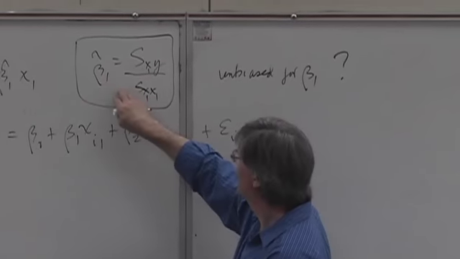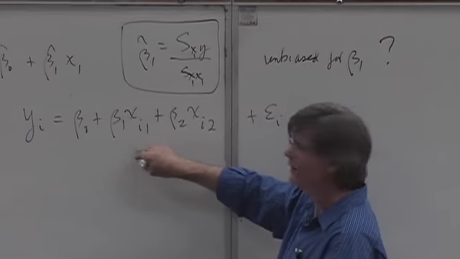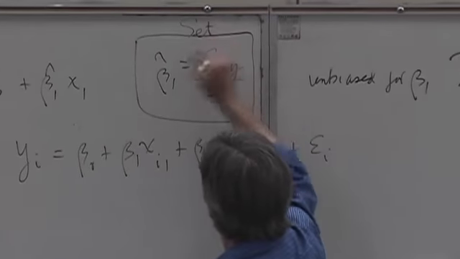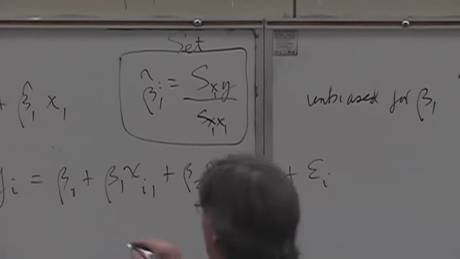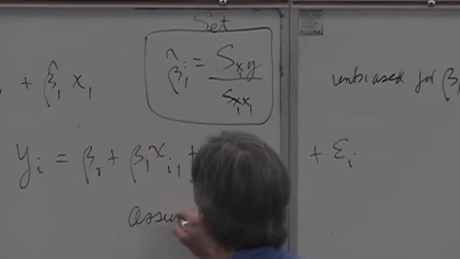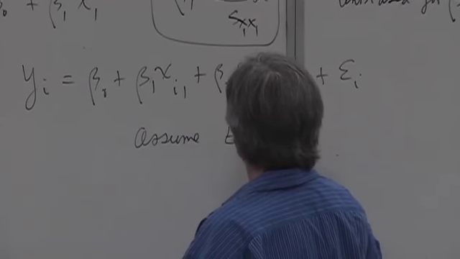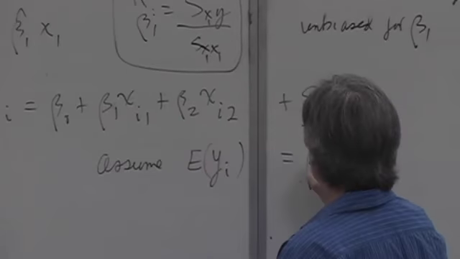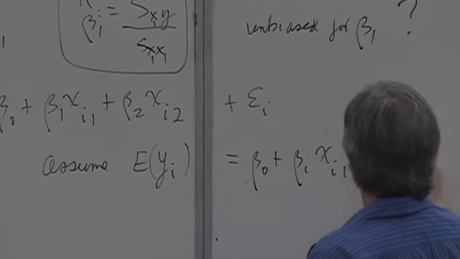So in other words, assume this, all right? So this is the problem. Set beta 1 hat equal to this, okay? And assume, in other words, that the expected value of yi is equal to beta 0 plus beta 1 xi1 plus beta 2 xi2.